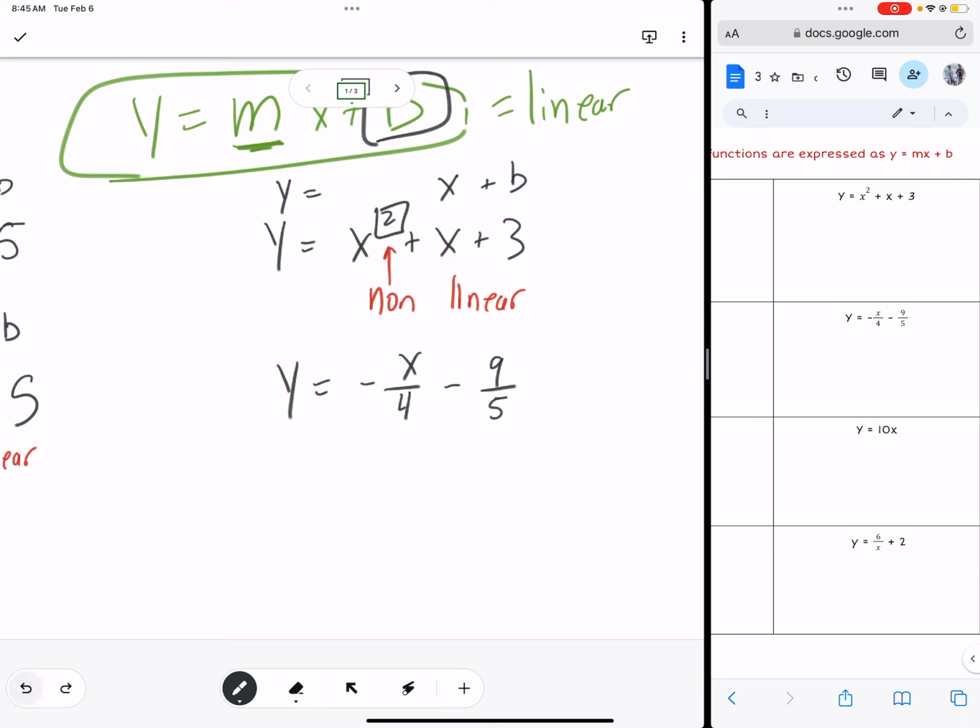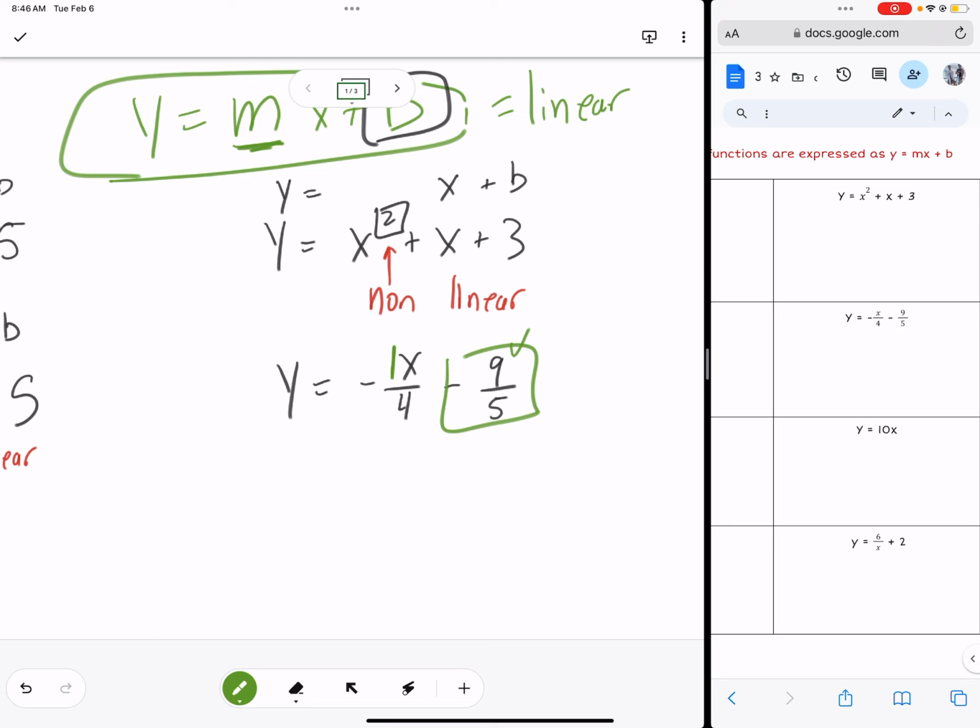Yeah, you can cross the y-intercept at a fraction. So we have a b. It is okay if b is a fraction. Now, is it okay for x to be a division problem? Well, let's find out. Could I rewrite this? Let's pay attention. Technically, this is 1x, correct?